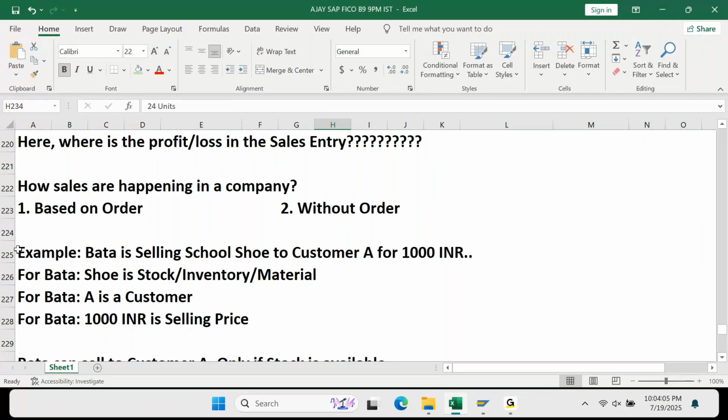Now to understand this process, many things need to be connected. What process did I tell you now? Sales process. We talked about sales. Now, what did we sell? Product.